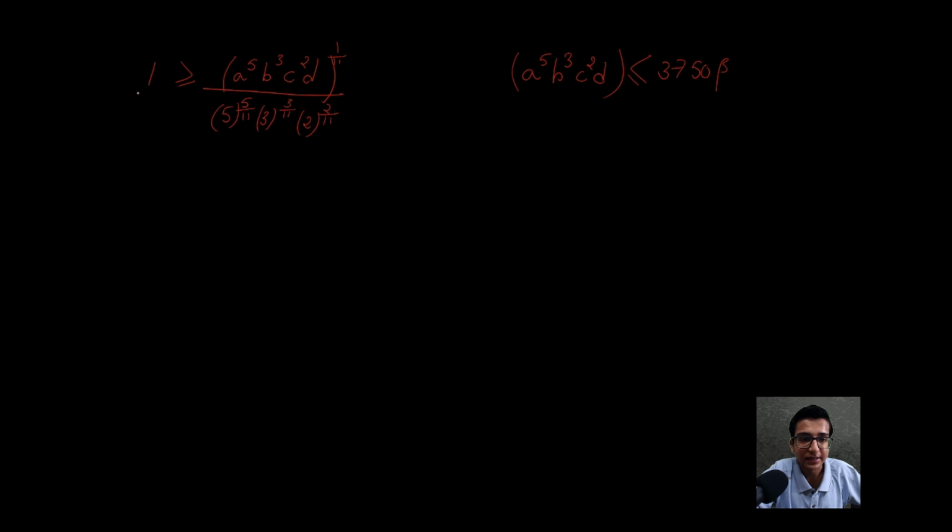So now let's take the numerical values to the other side. We would get 5 to the power 5 by 11, 3 to the power 3 by 11, and 2 to the power 2 by 11 is greater than equal to a to the power 5 b cube c square d to the power 1 by 11.